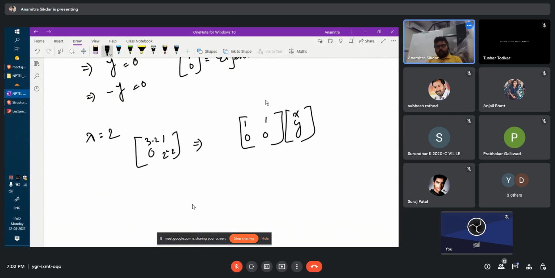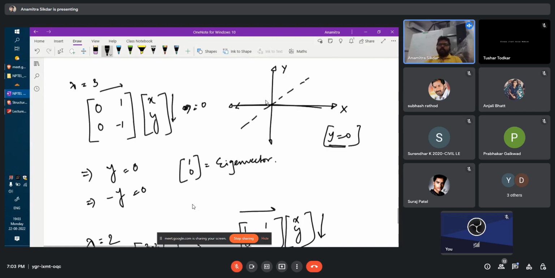So what will be the equation here? x plus y equal to 0. So in the y equal to mx plus c format, x will be equal to minus y.